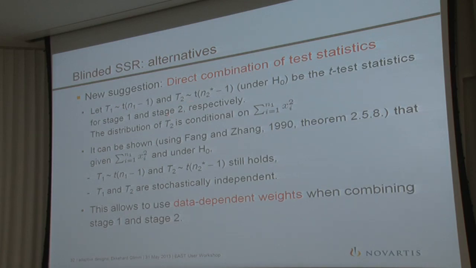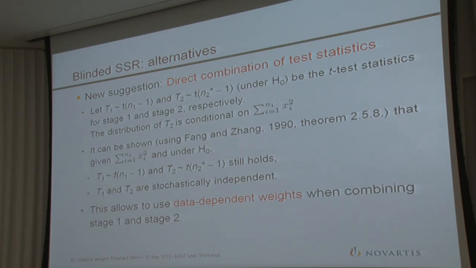This is conditional on this quantity, on the total variance. And there is a nice theorem from generalized multivariate analysis that you can find in this book, for example, which says that if you condition on this quantity, the t distributions of the two test statistics still hold.